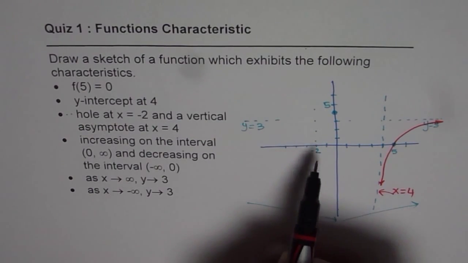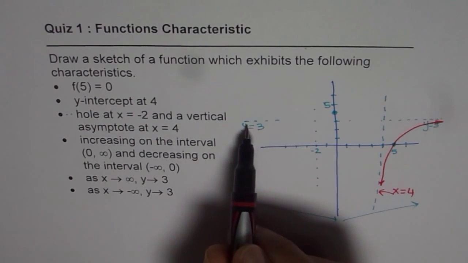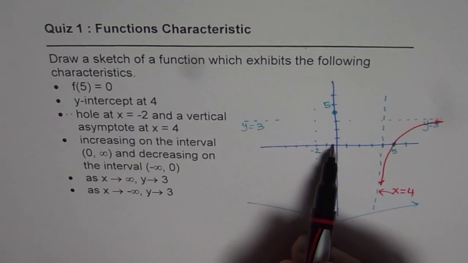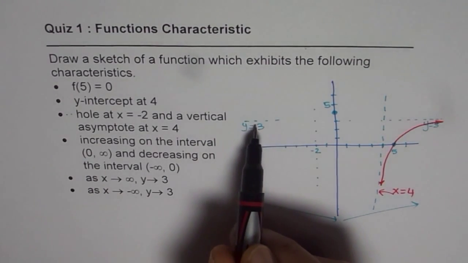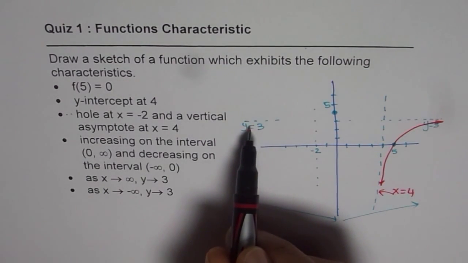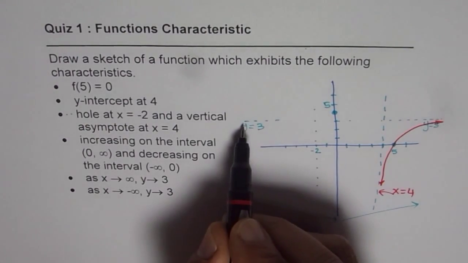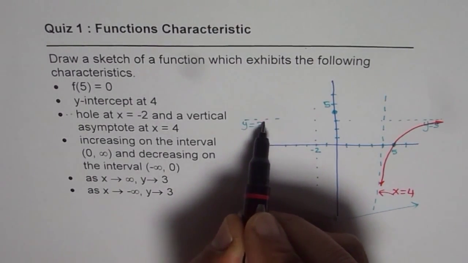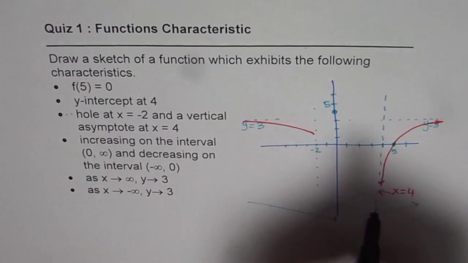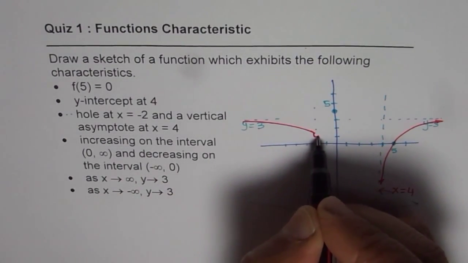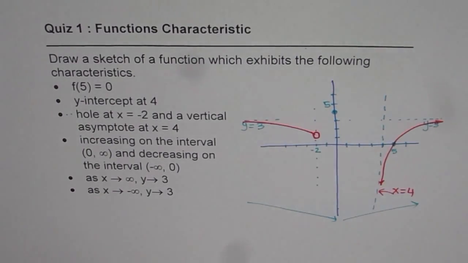minus 2. Since the function has to decrease on the left side of the y-axis and we have a horizontal asymptote y equals 3, then what we have to do is draw a decreasing function, right? So we can just draw a decreasing function here like I'm trying to do, and as soon as you get across x equals minus 2, make a hole, right?